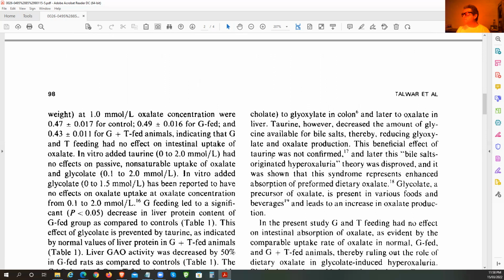This beneficial effect, in a different study, was not confirmed, and later the bile salts originated hyperoxaluria theory was disproved, and it has been shown that this syndrome represents enhanced absorption of preformed dietary oxalate. Glycolate precursor oxalate is present in various foods and beverages and leads to an increase in oxalate production.